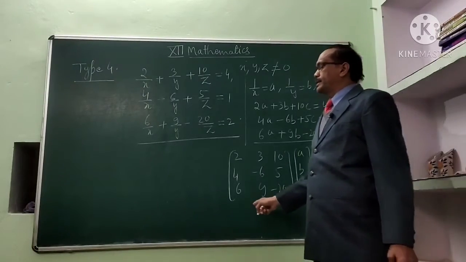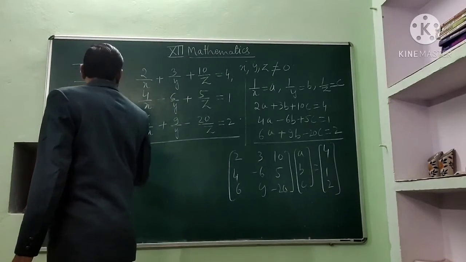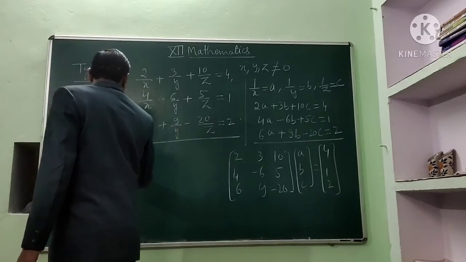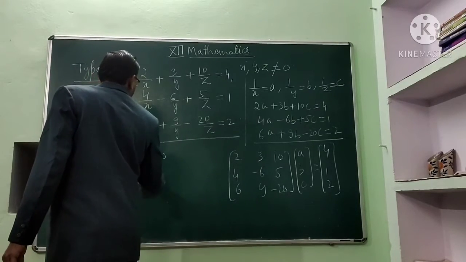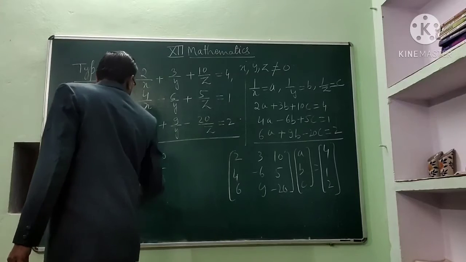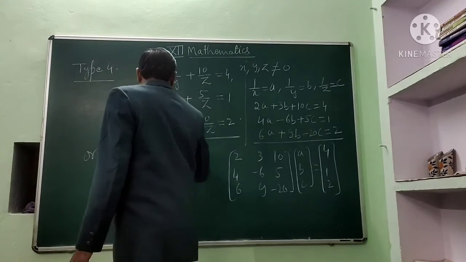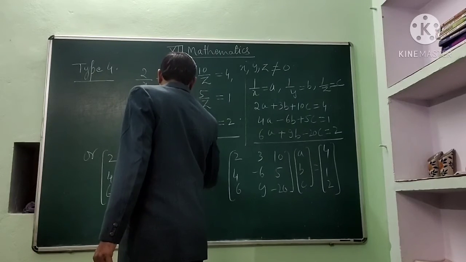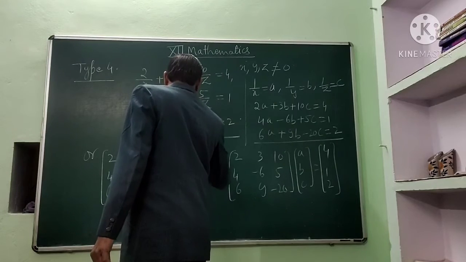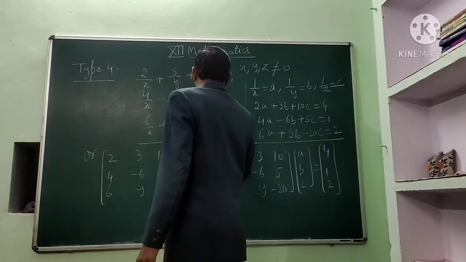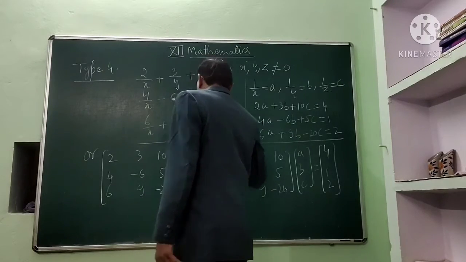Another logic is, we can take it this way also: the matrix [2, 3, 10; 4, -6, 5; 6, 9, -20] times [1 upon x, 1 upon y, 1 upon z] is equal to [4, 1, 2]. Both are the same thing.